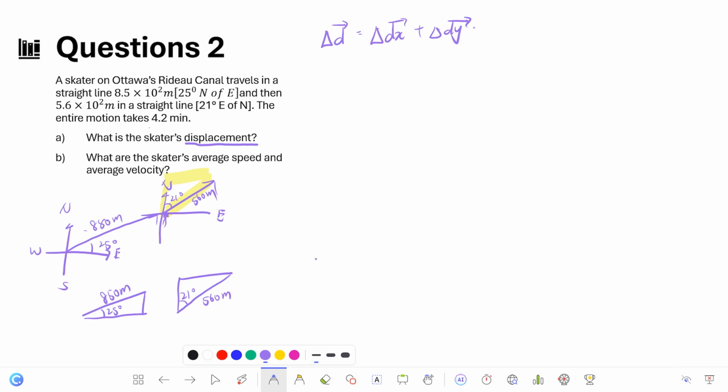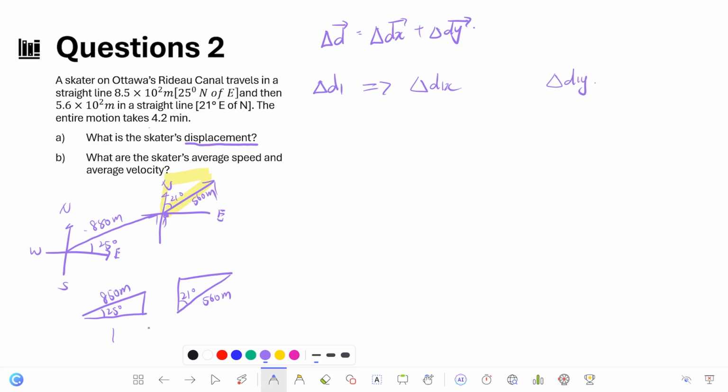For the first triangle, we need to find the x component. So this is delta d1, the first triangle. We need to find the displacement for the first motion first, and we can separate it into two components, d1x and d1y.